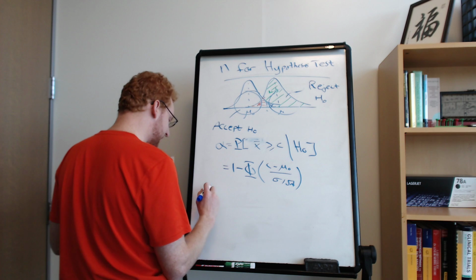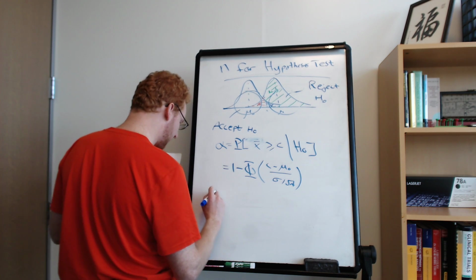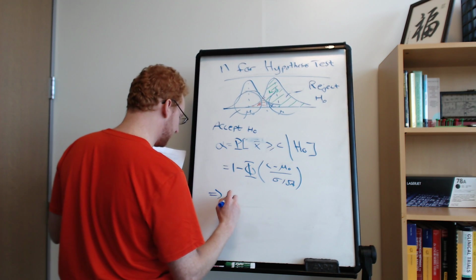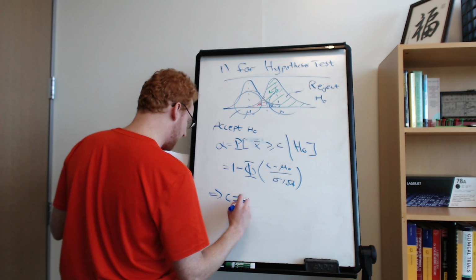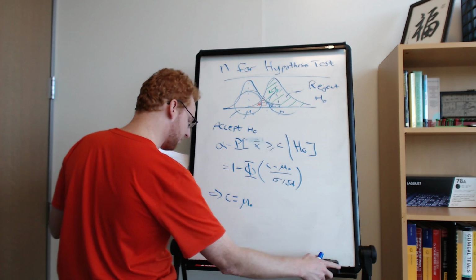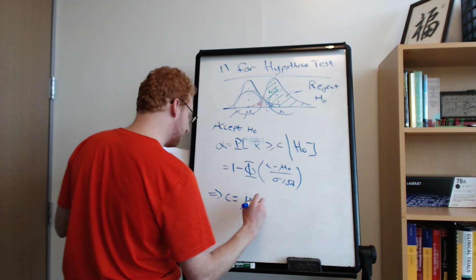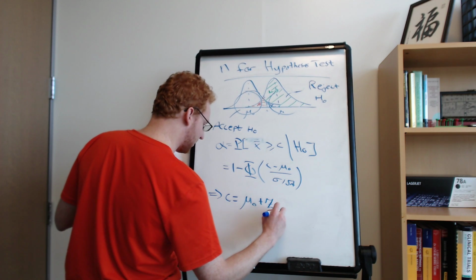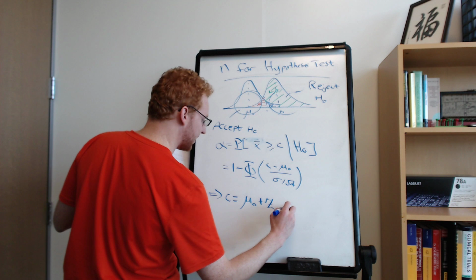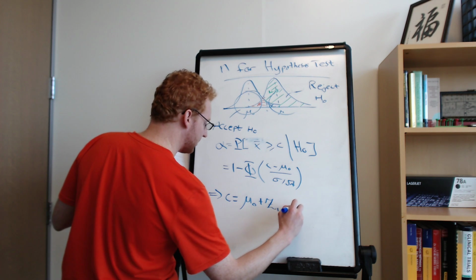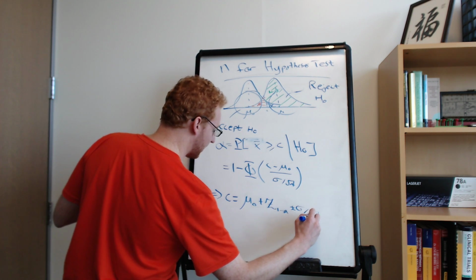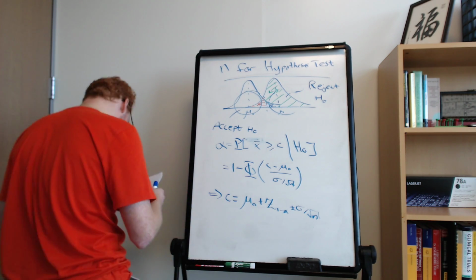And we can solve this for the critical value. Solve for the critical value, and you'll see it is equal to mu0 plus z of 1 minus alpha times sigma over root n. That's a multiplication symbol.